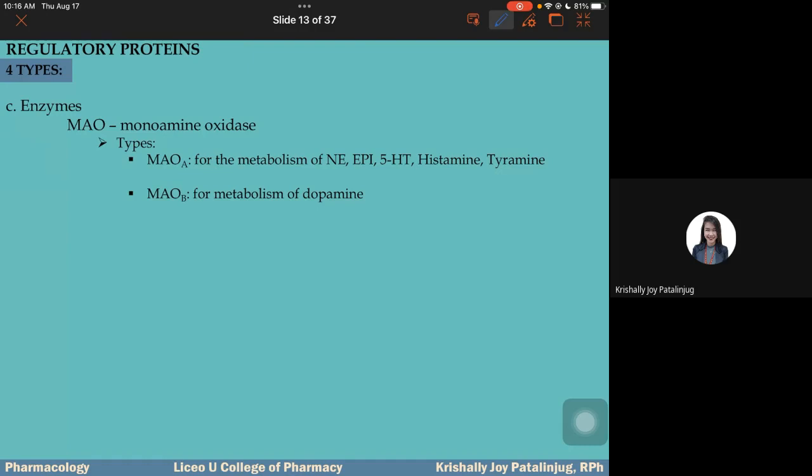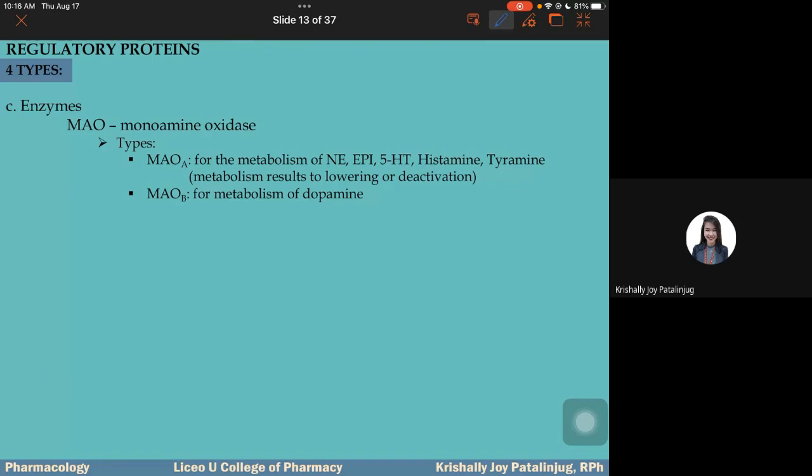Recall that MAO-A is responsible for metabolism of the following: norepinephrine, epinephrine, serotonin, histamine, and also tyramine. Okay? And then MAO-B, this is responsible for metabolism of dopamine.